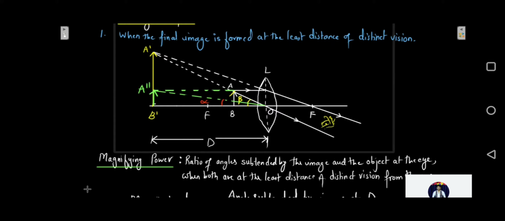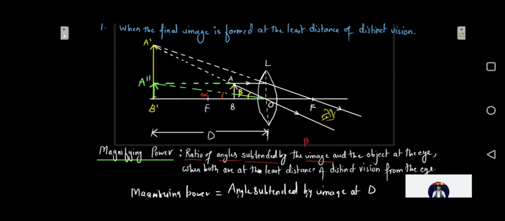So if you see, the magnifying power is the ratio of the angles. The image is subtending an angle of beta, and the object is subtending an angle of alpha, when both are at the least distance of distinct vision. Both I have kept at the distance of D, that is 25 centimeter for a normal eye. So let us put it in the formula now.